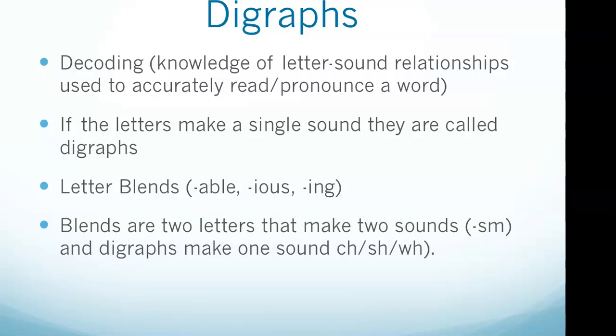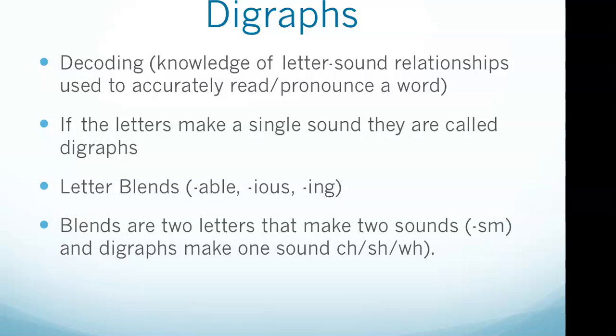If letters make a single sound, they are called digraphs. And in letter blends, you can hear the sound of each letter. As an example that we have here, A-B-L-E, I-O-U-S, ING. You can easily hear each letter when you pronounce those.